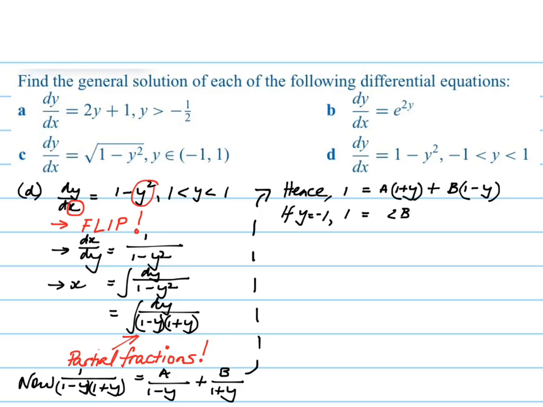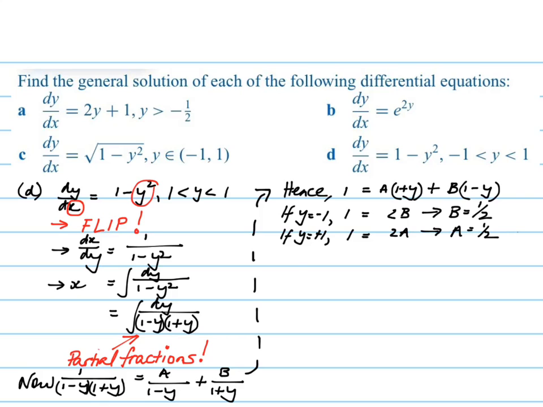So that would give us, in that case, 1 equals 2b, because the a term is going to disappear, and therefore b is a half. Now on the next line I'm going to cleverly pick y is +1, and if you put +1 into that expression on the top line on the right hand side, you get that, and therefore a is a half.